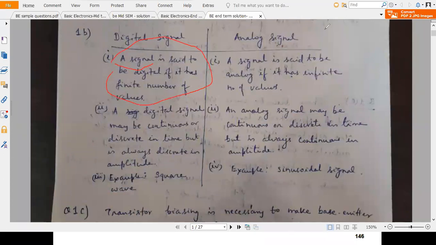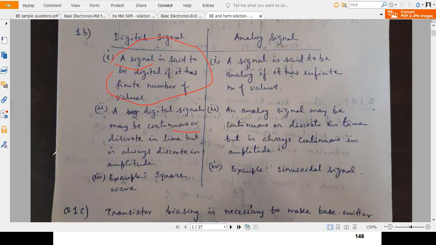And in the analog signal there will be an infinite number of values, because it is continuous in nature. A signal is said to be analog if it has infinite number of values. And a digital signal may be continuous or discrete in time, but it is always discrete in amplitude.